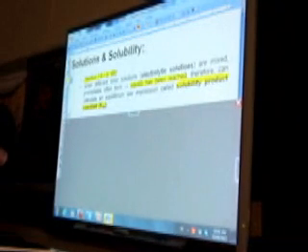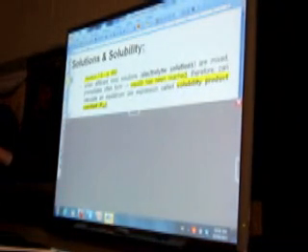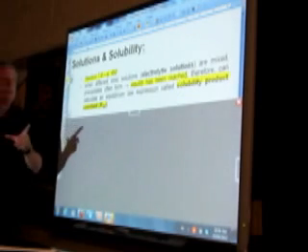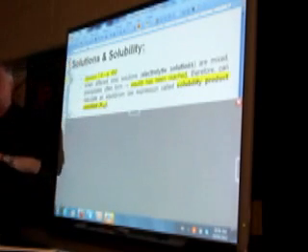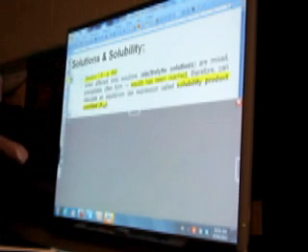So the presence of the precipitate in solution is an equilibrium system, and as such, we can create an equilibrium law expression. To distinguish it from gas systems, because there's certain rules about solutions that are a little bit different, we call it the Ksp as opposed to the Kc. So it's the solubility product constant, formation of precipitate.